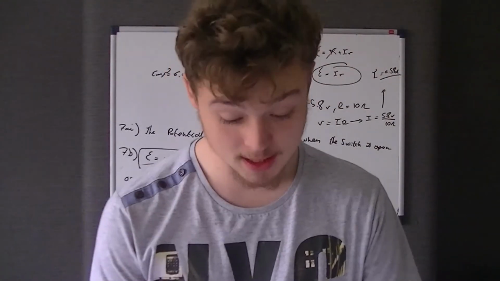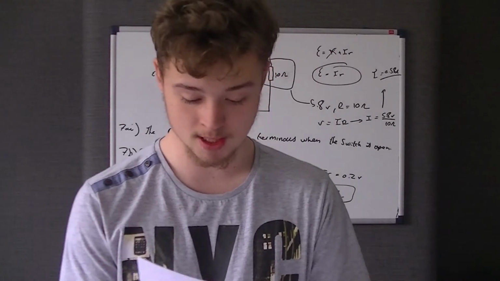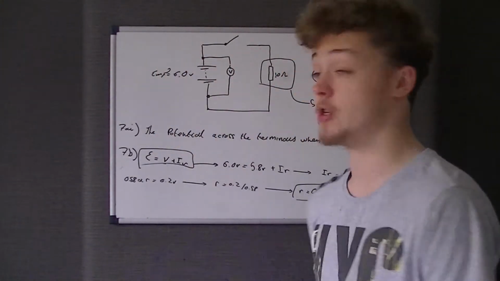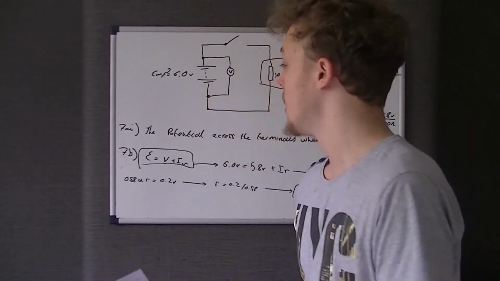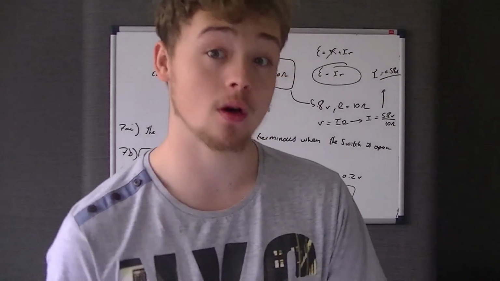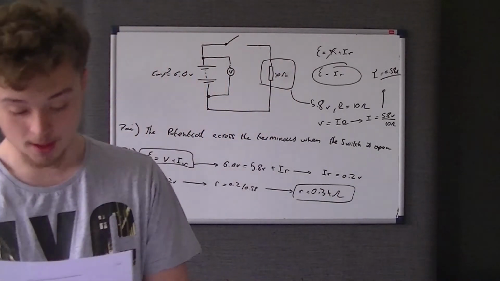7c says, state and explain why it is important for car batteries to have a very low internal resistance. Well, if we times all of that equation by the current, we get the current times the EMF, which is essentially the power of the whole circuit, including the internal resistance of the battery.